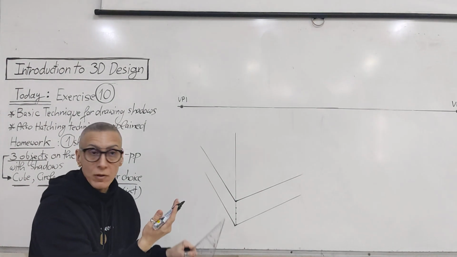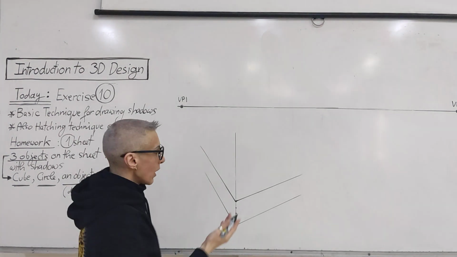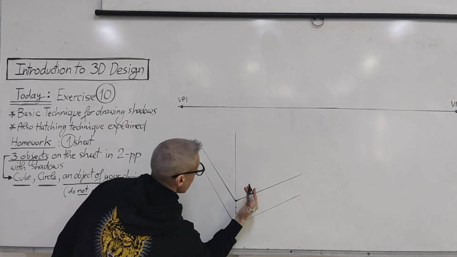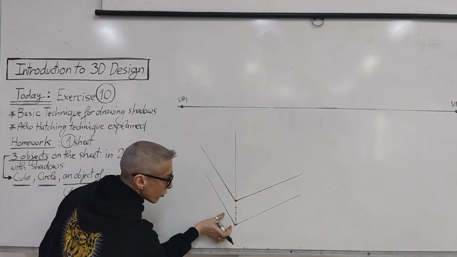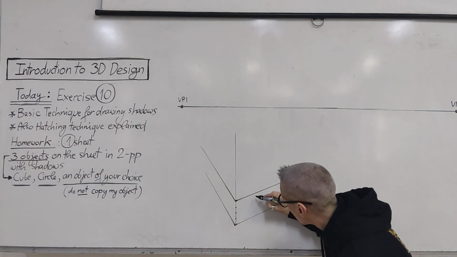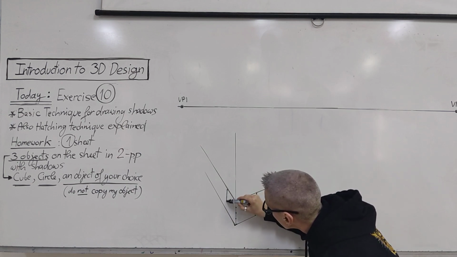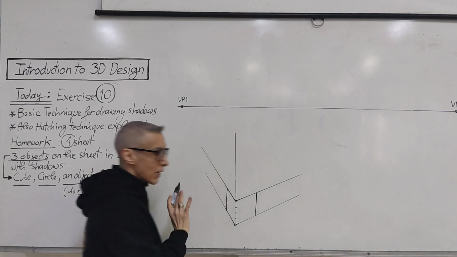Okay, the rest is estimating. So where is this line and this line going to be? Estimated. Now, this edge is located closer to this point, so this will be shorter than this. I'm drawing a cube, okay, so it has to look like a cube. So, now, by estimation.